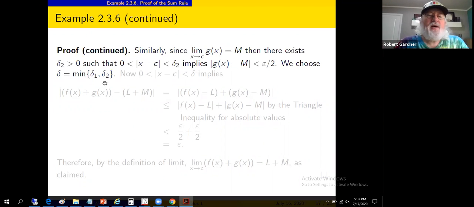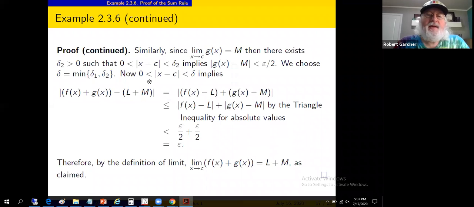This time we're choosing delta to be the smaller of these two deltas. Here's why. If 0 is less than the absolute value of x minus c is less than delta, then this absolute value of x minus c is less than delta 1 and it's less than delta 2, because it's less than the smaller of those two. So it's less than both of them.